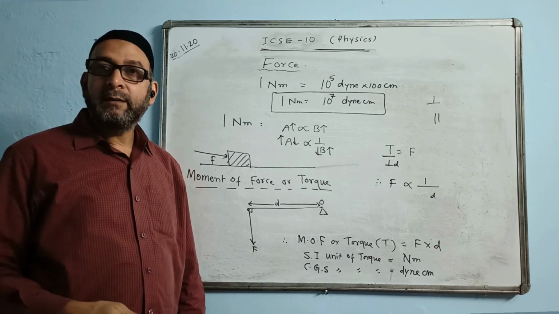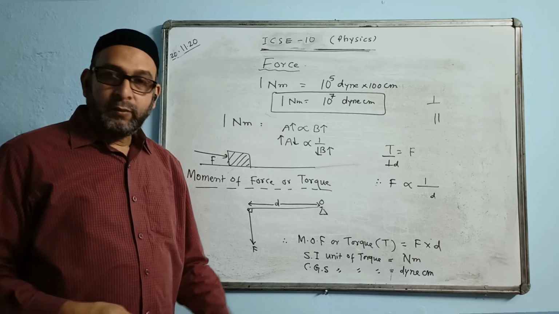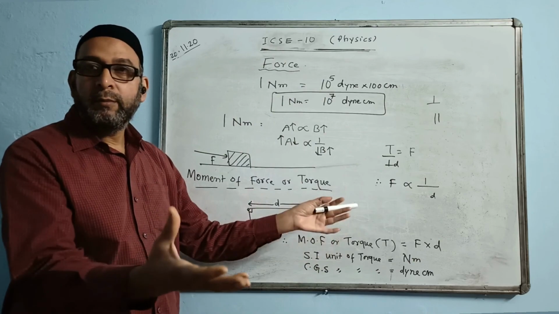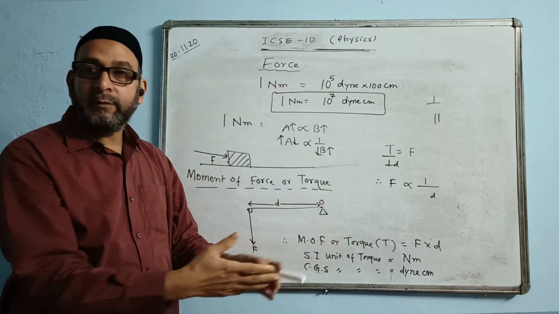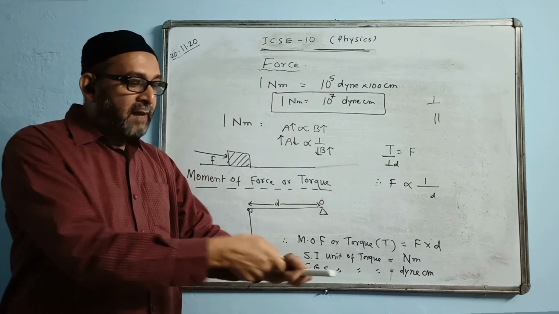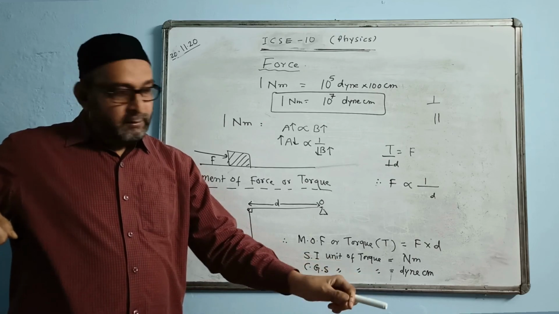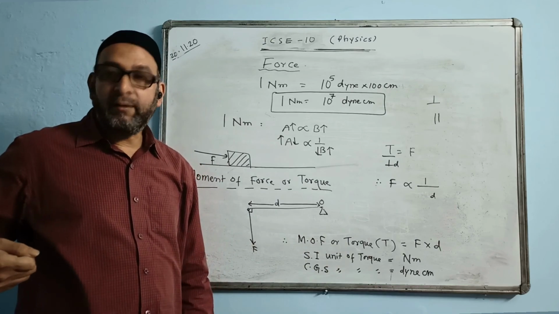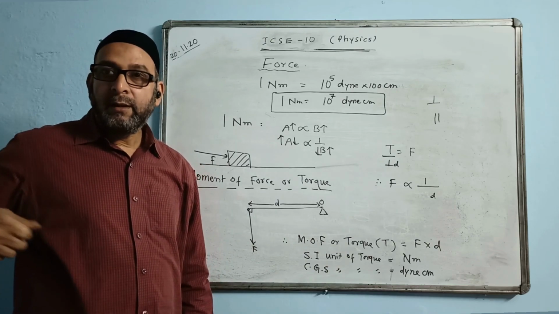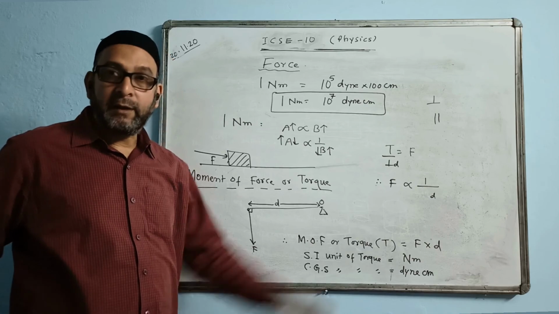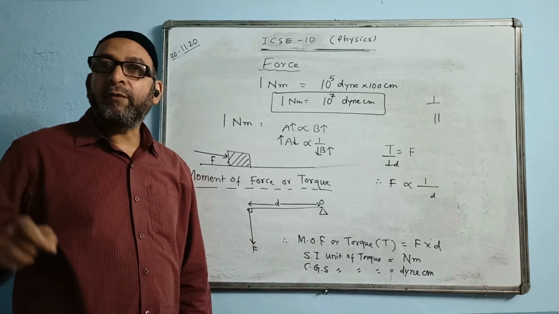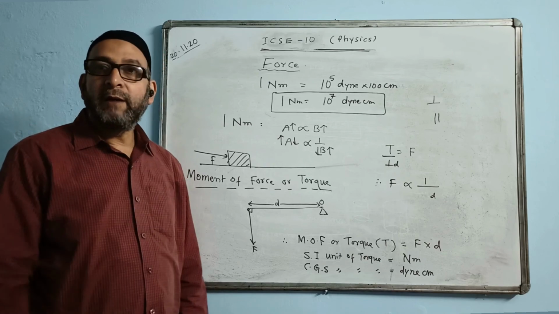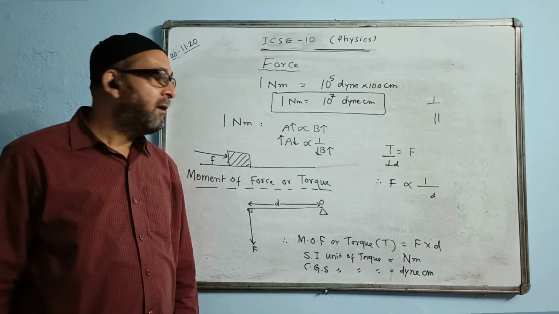What is the reason behind it? Because the jack is supporting a very heavy load of the car, and we have a long handle, so that when the distance is more, the amount of force or effort required will be less in order to produce the turning effect. So with the least amount of effort, we are able to turn the jack screw and lift the car. So that is the idea.